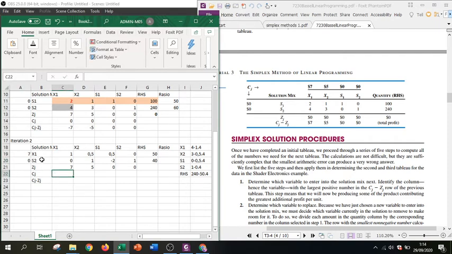So this is 7 times 1, 7, and plus 0, this is 7, and then this is 3 a half, and this is 3 a half, 2, and then this is 0, and this is 350.